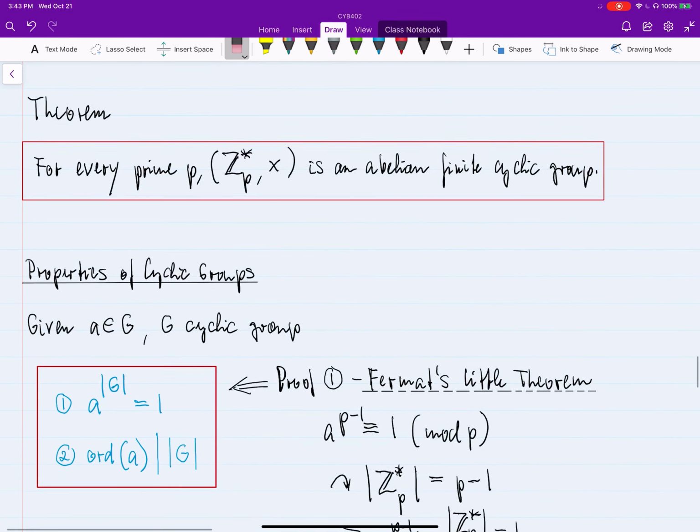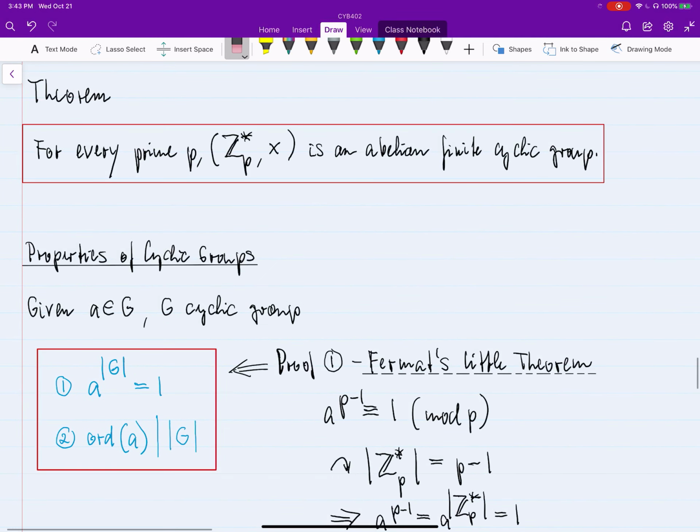So now, in order to be able to make a quick decision on whether a group is a cyclic group or not, the theorem tells us that a prime group, so a group Zp star under multiplication, is always an abelian finite cyclic group.